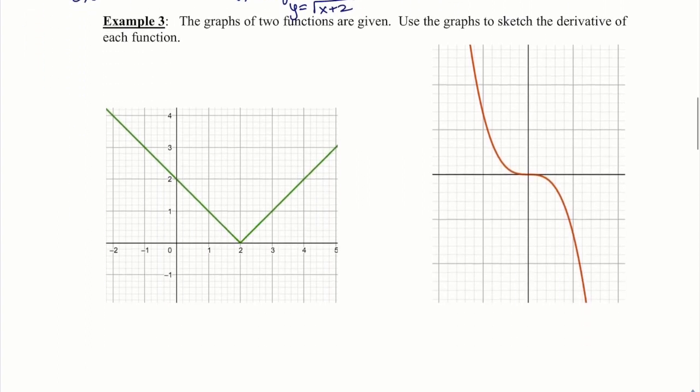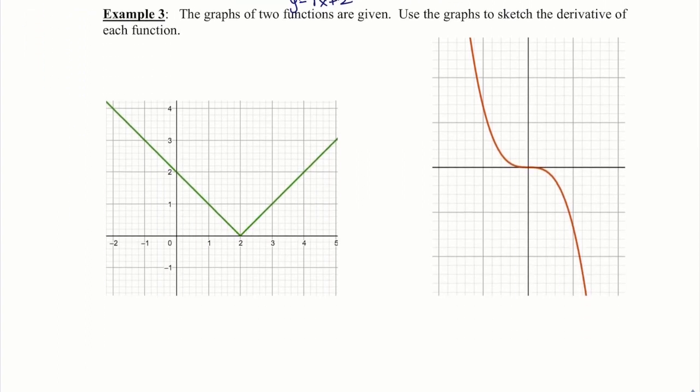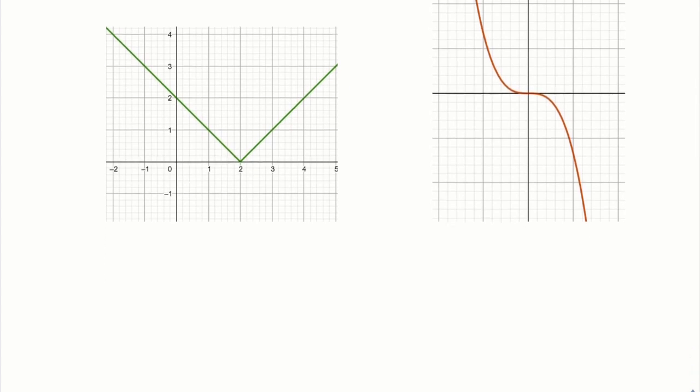Okay, so in example 3, we have two functions whose graphs are given, and we're just trying to use the graphs and not use formulas to figure out what the derivative function will look like. So what we want to be thinking is the derivative is tracking the slope of the tangent line at each point.